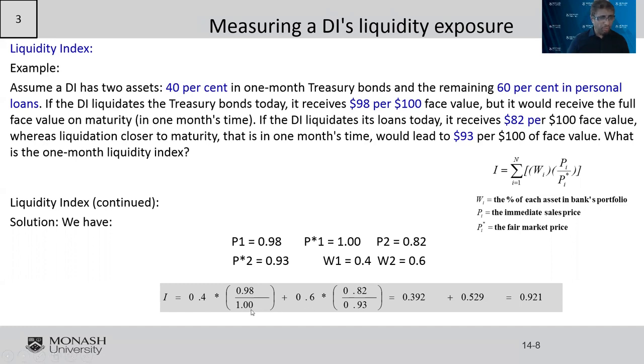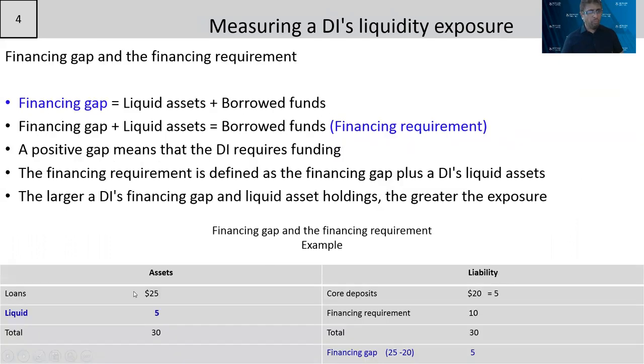And this is 98 over 100, the BI over the BI star, and this is 82 over 93, and we get 92%. 92% means that if I liquidate, I will get 92% of my total assets. Of course, if I'm very liquid, this will be 95, 97, even 99. But this is what I will get if I decide to sell my assets today.